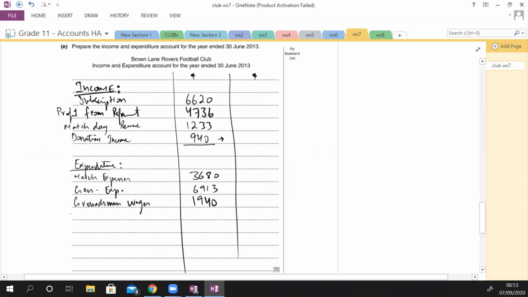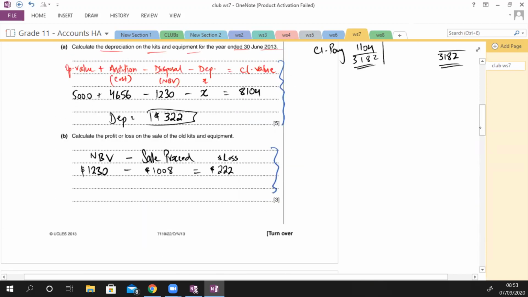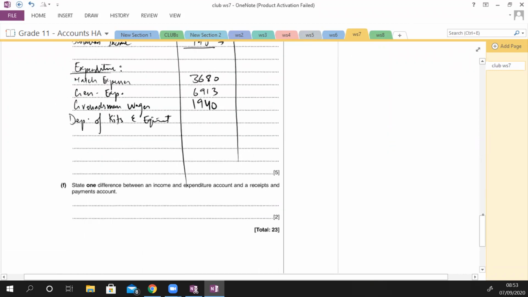Isn't depreciation of kits and equipment an expense? Oh, right, the one that you calculated. You calculated depreciation of kits, which is 322. Any other expense?